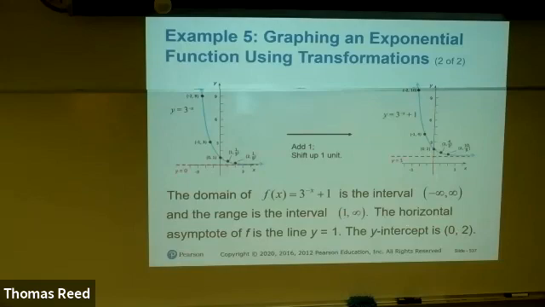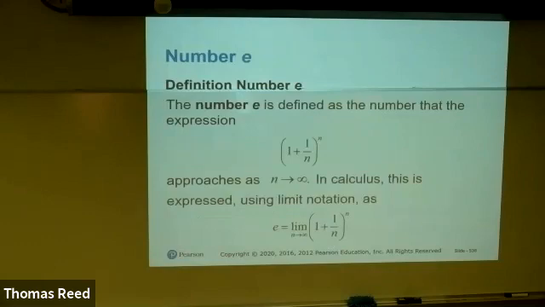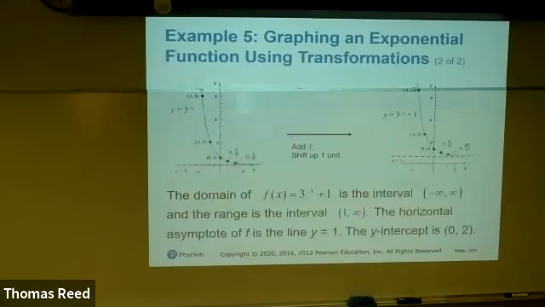The horizontal asymptote is y = 1. The range is from 1 to infinity. Okay. Any questions here on this?